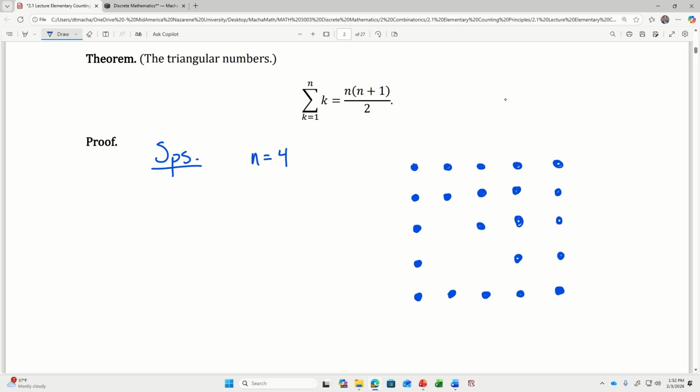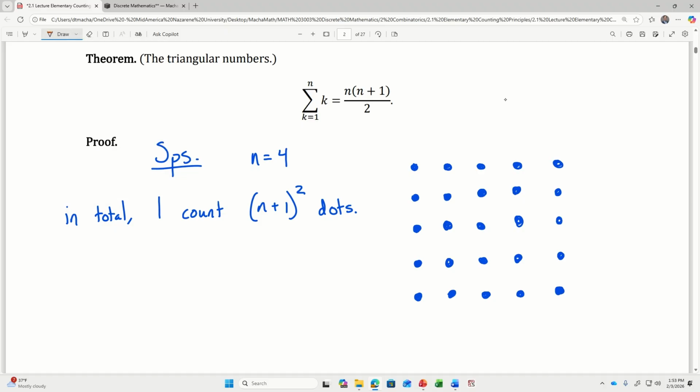I should have pre-drawn these ahead of time. Okay, so I have in total how many dots? N plus 1 squared. Do you see I have n plus 1 squared dots in my grid?